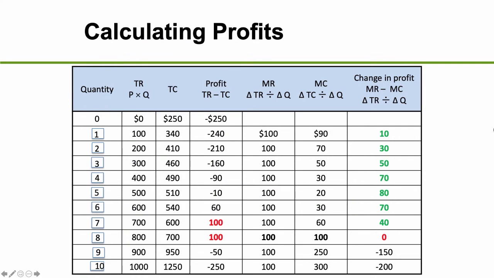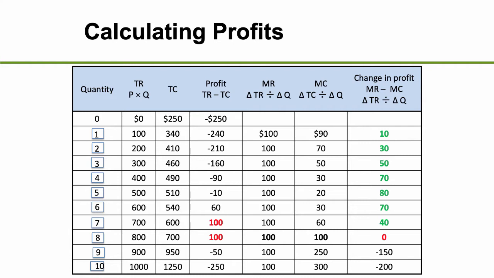So here is a whole bunch of data. This is data for a company, and let's say that this is a company that mows lawns for people in a neighborhood. We can look at this and tell a lot of information.